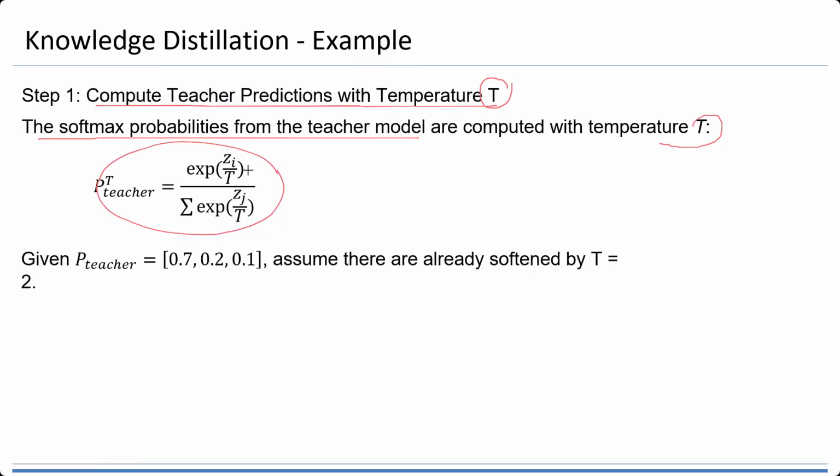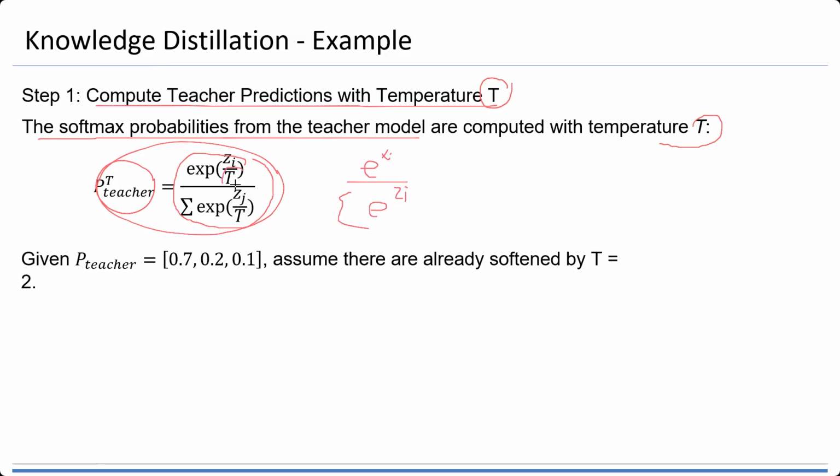As I mentioned before, the P teacher, after we do the softmax, the original softmax is just the exponent of zi divided by the sigma of the exponent of zi.